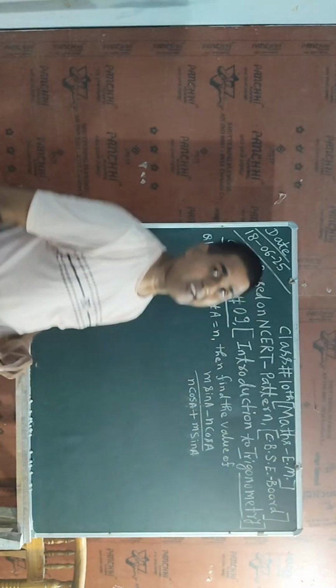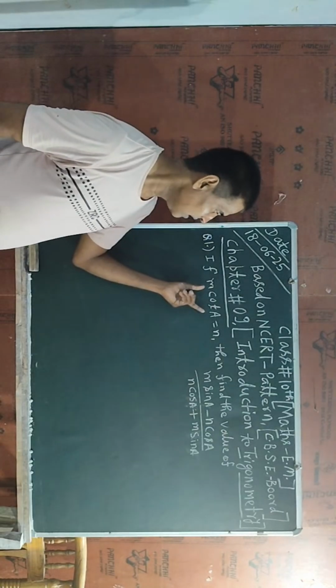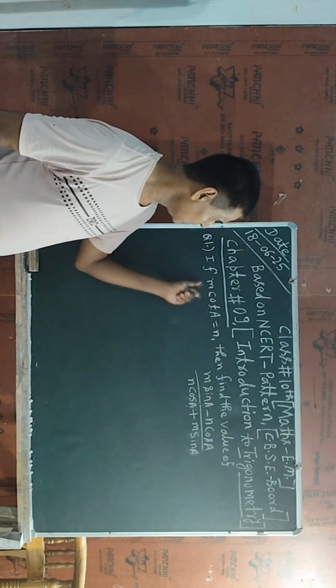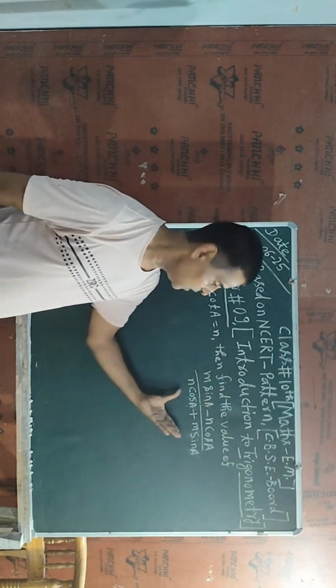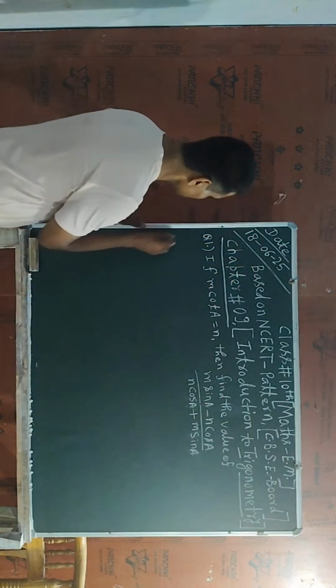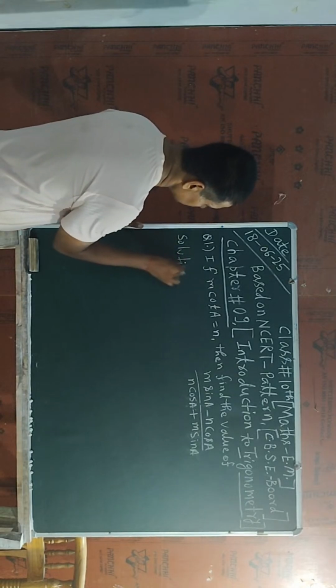We have to find its value, because here the author has assumed m cot A is equal to n. Then we have to find the value of this expression. So first of all I am going to write the solution, because from the solution the question is going to start.